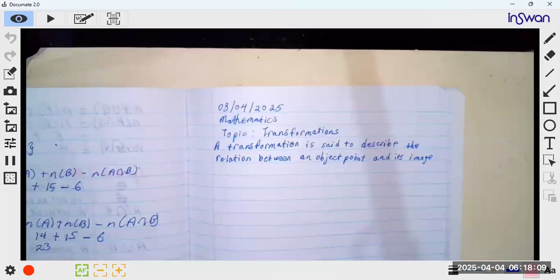So we will do the 4 basic. There are more than 4 types of transformations, but at the CSEC level, there are 4 types of transformations that they do.